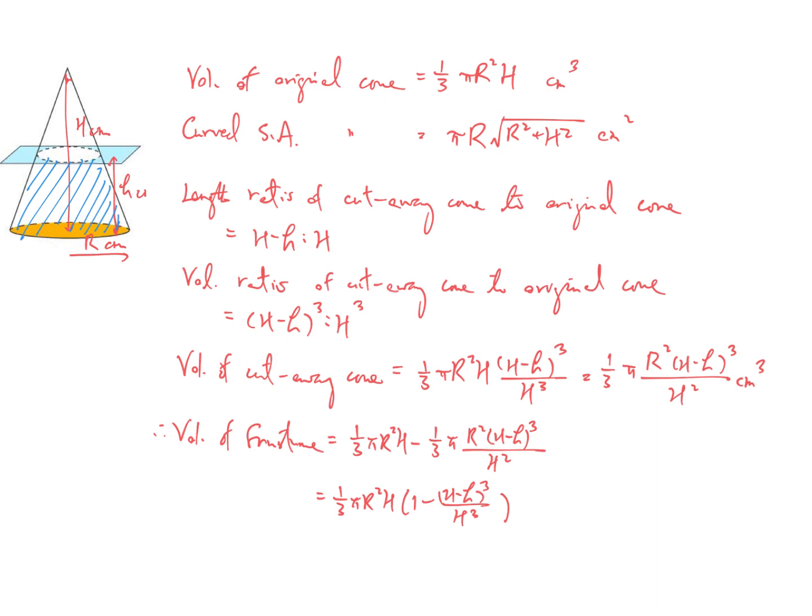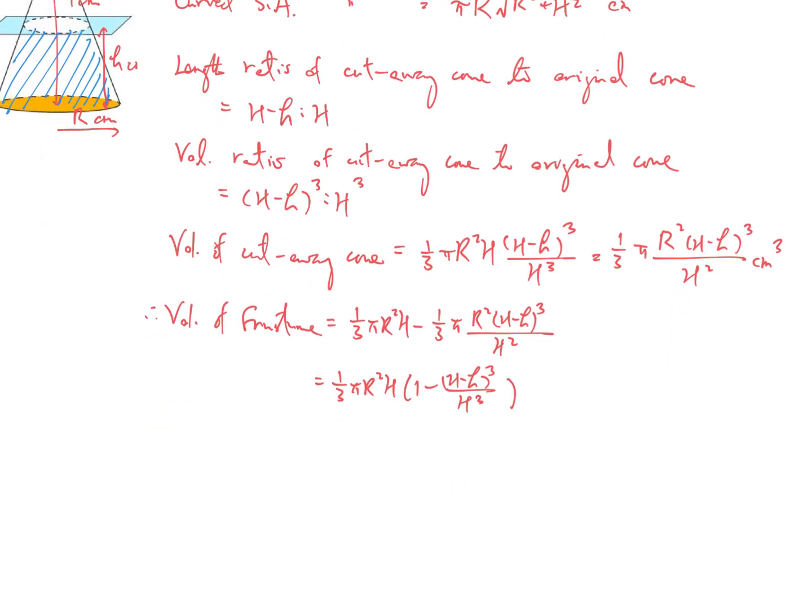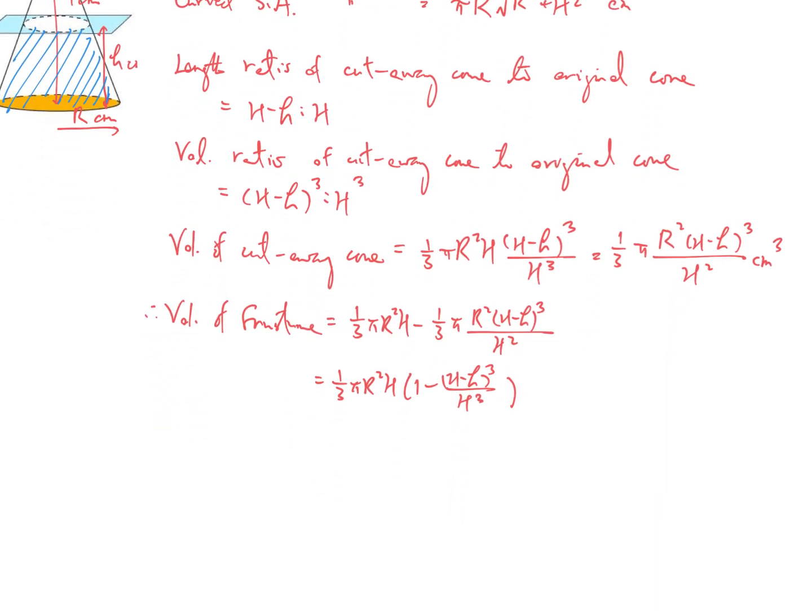Now, let's simplify this fraction. Simplifying the fraction, 1 over 3 pi R square H. Or we will common the denominator of H cubed. And that will be H cubed minus (H minus h) cubed, which is equal to 1 over 3 pi.